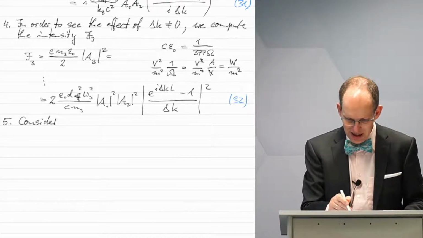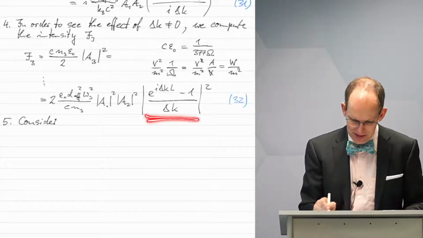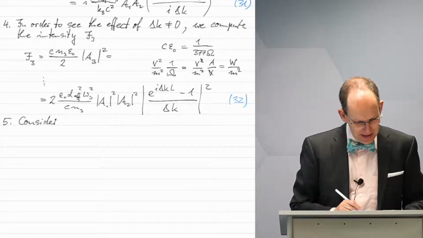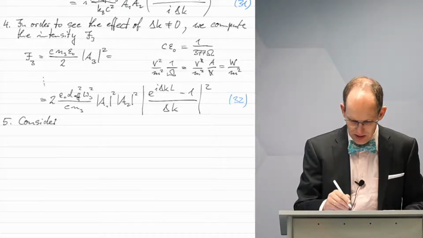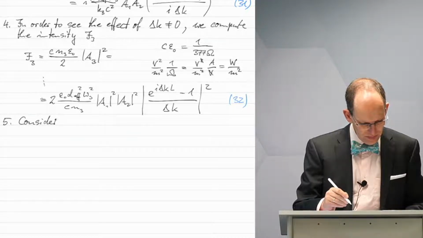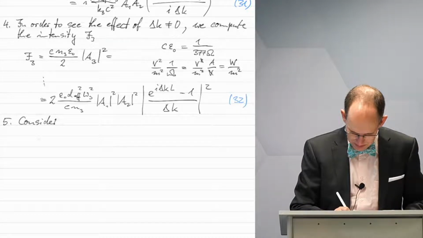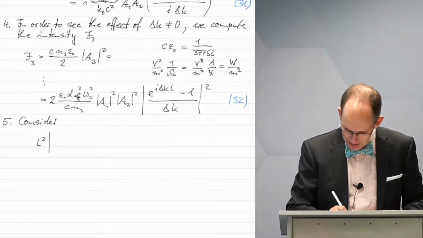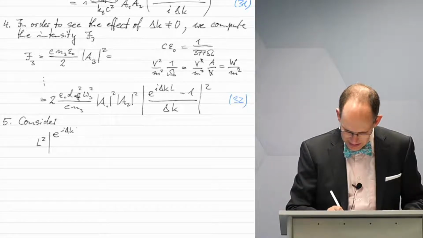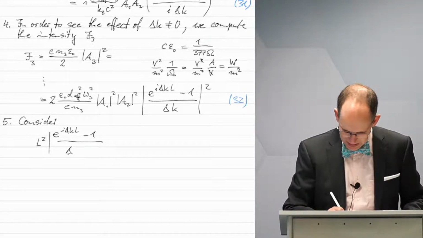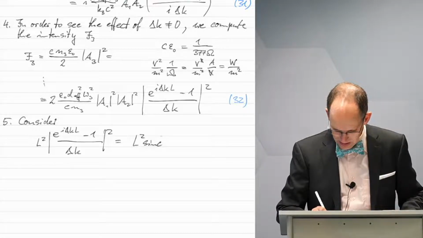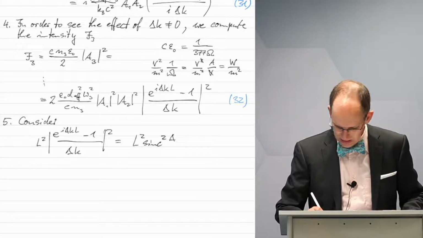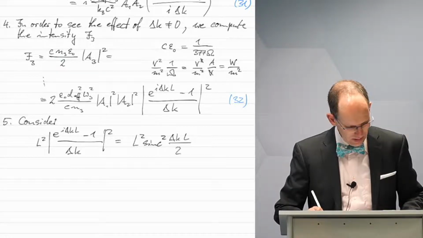So this thing here is the sinc function squared, and I write it in this form: e to the i delta k L minus 1 divided by delta k squared is L squared times sinc squared of delta k L over 2.